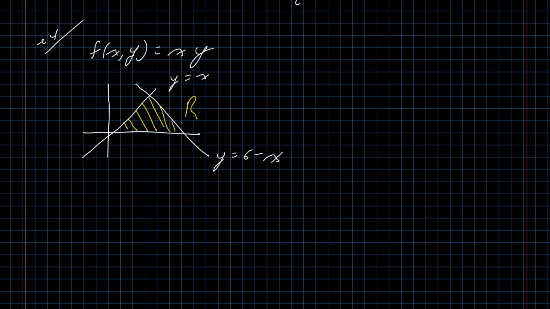You can certainly set this up the way we have before. I should actually indicate that my goal here is to evaluate the integral over this region of f of x and y dA.